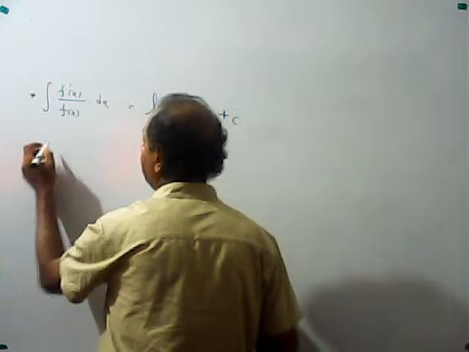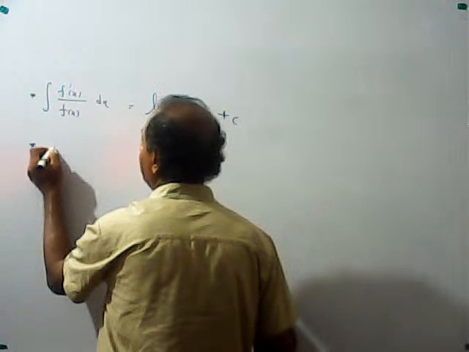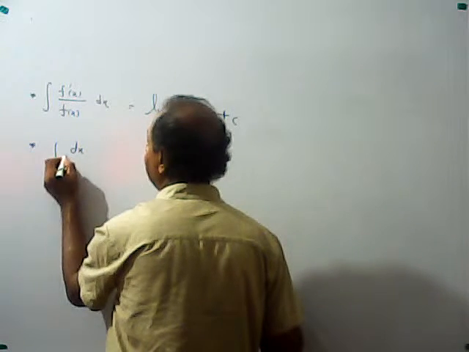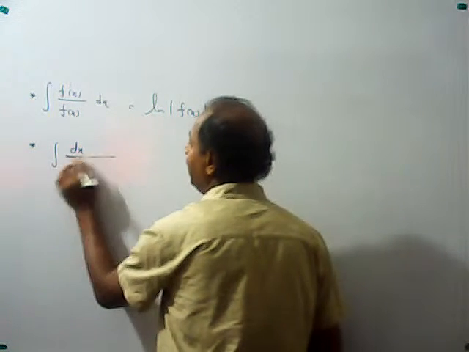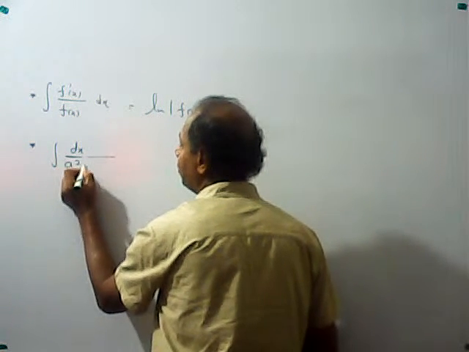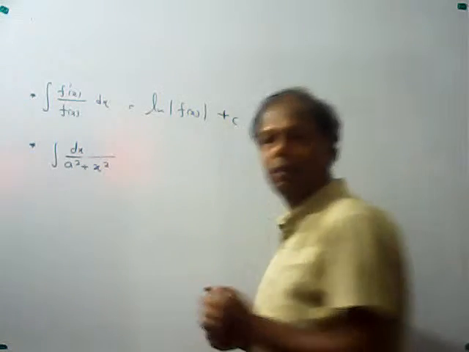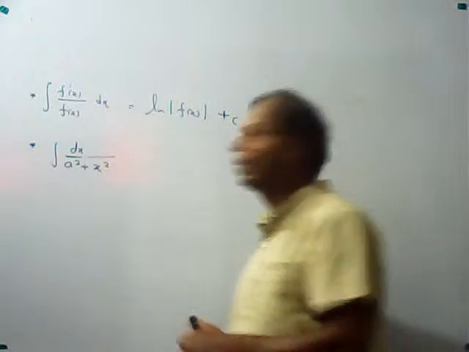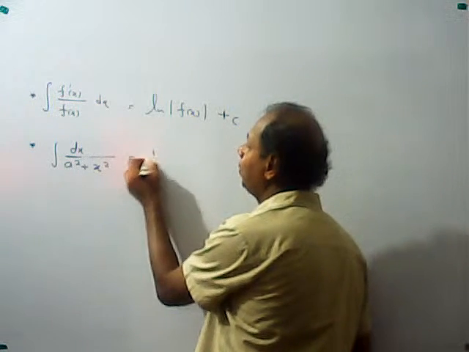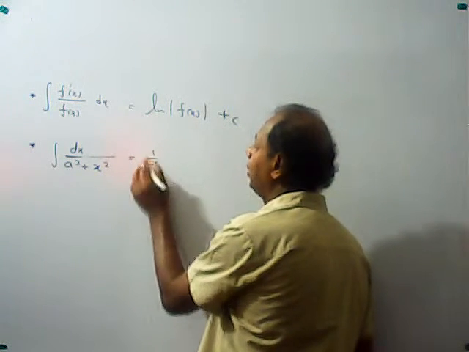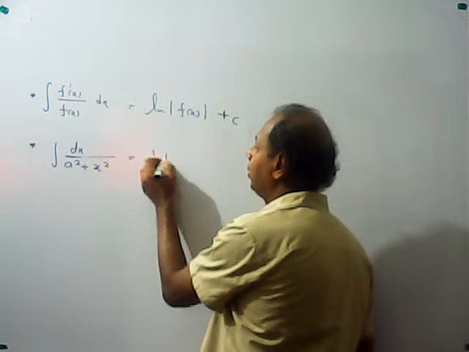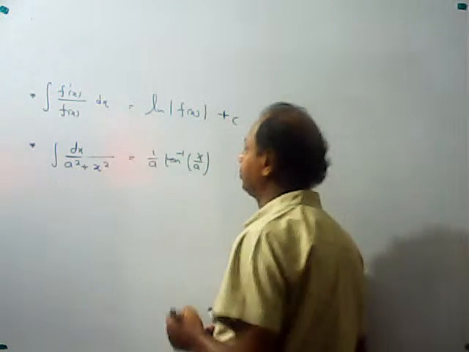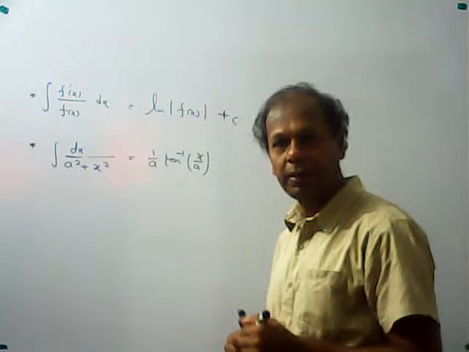Another model: for a positive constant a, dx over a squared plus x squared, 1 over a squared plus x squared to be integrated. We have seen that this is equal to 1 over a tan inverse x over a, right?